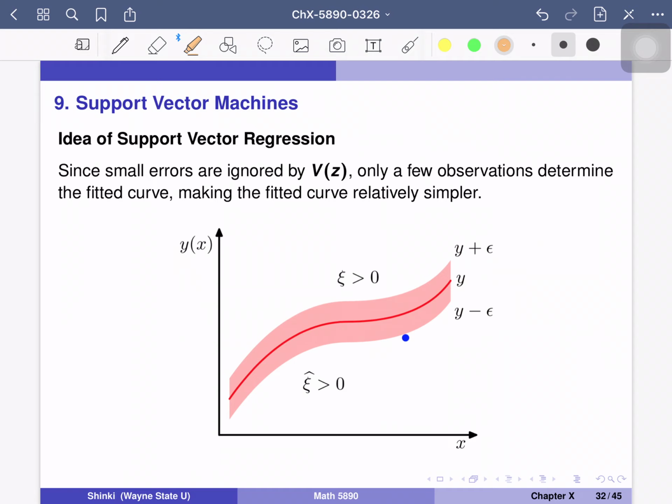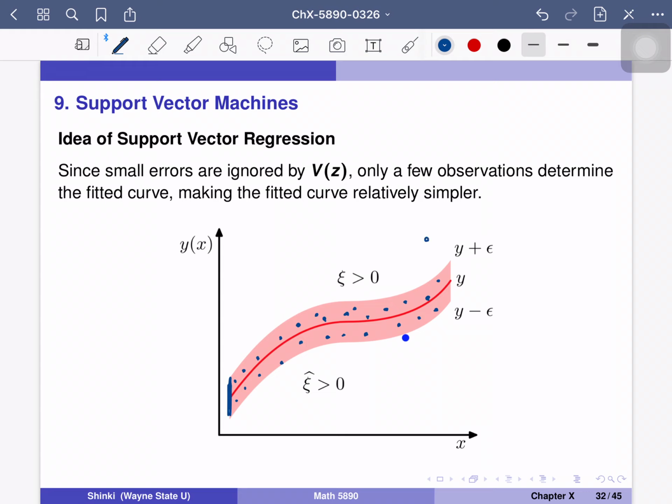Basically, we can ignore the small errors in support vector machines. So if we have many observations here whose errors are less than this bandwidth, these observations are largely ignored.